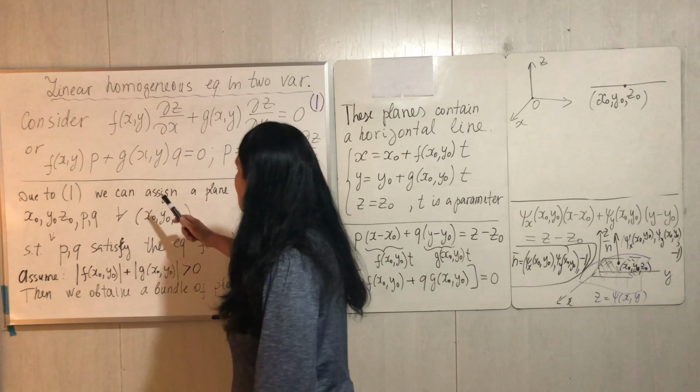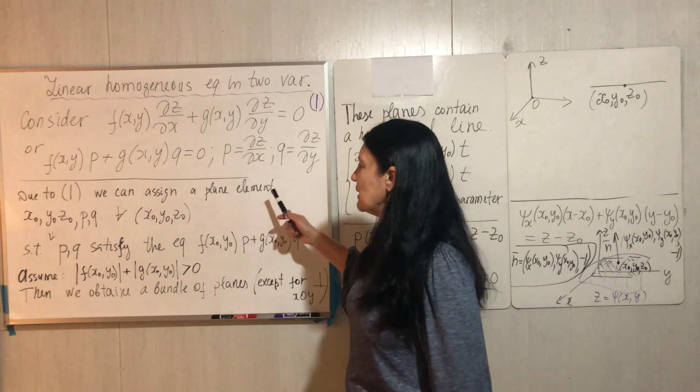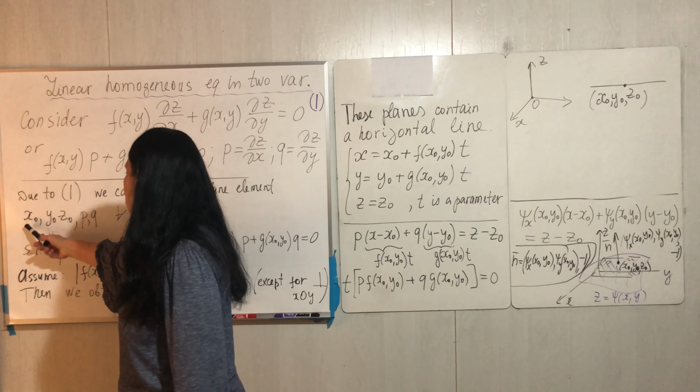Okay, so now recall our main equation, written in this form or in this form: f p plus g q equals 0. Due to this equation, we can assign a plane element to each set of x0, y0, z0, p and q, for any point x0, y0, z0.